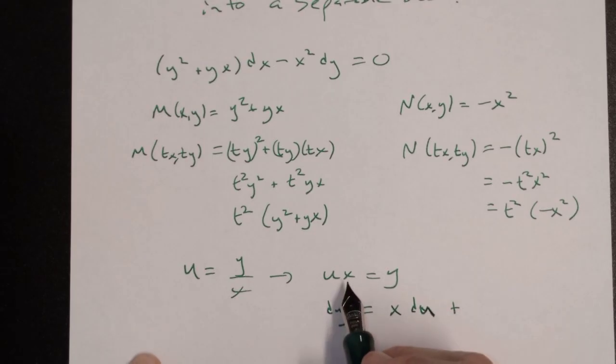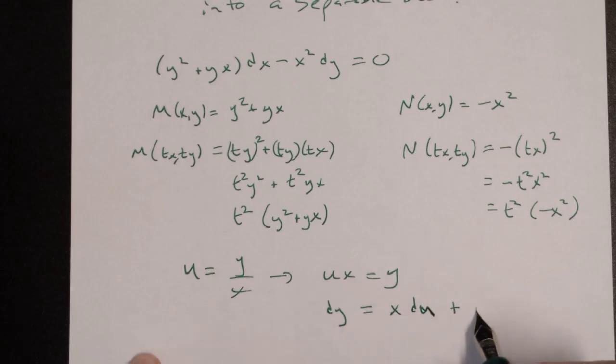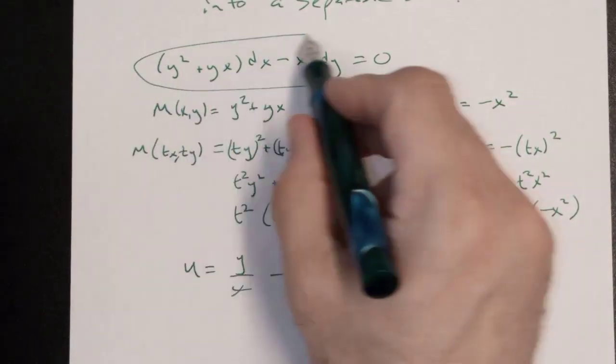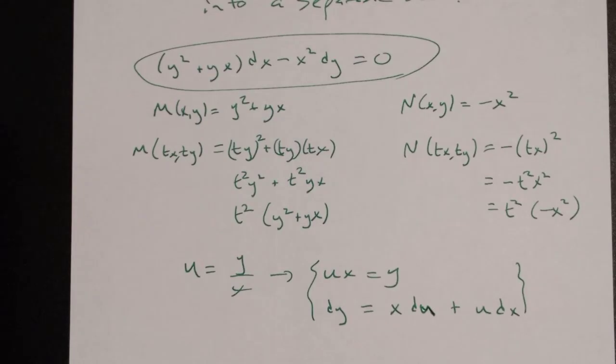Then derivative of the second times the first. Product rule. Now, let's put these into our equation. Everywhere you see a y, write a ux. Everywhere you see a dy, write this ugly mother.